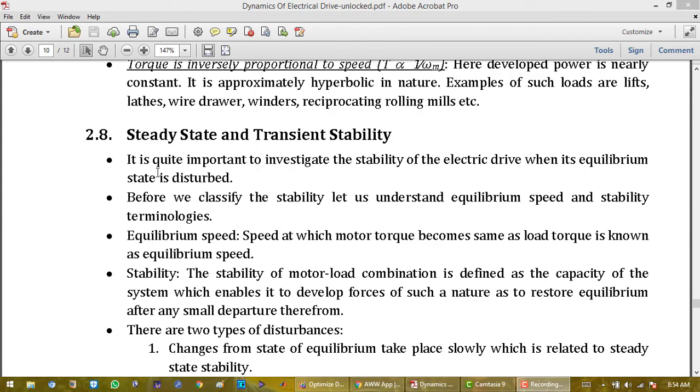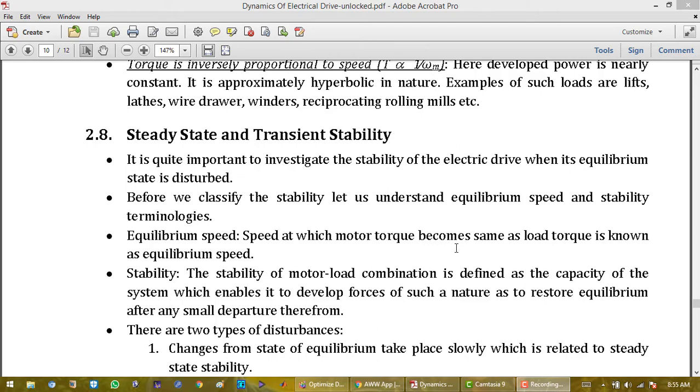Before we go into the details, what we have just seen in transient stability is that the equilibrium speed is the speed at which motor torque becomes the same as load torque. Both become the same, and then it is called the equilibrium speed.